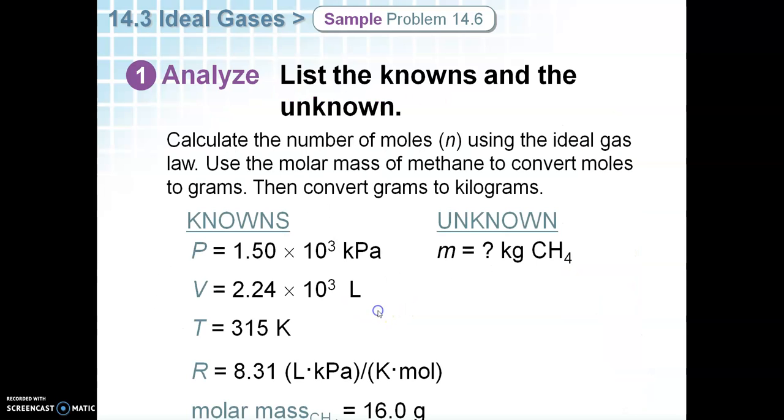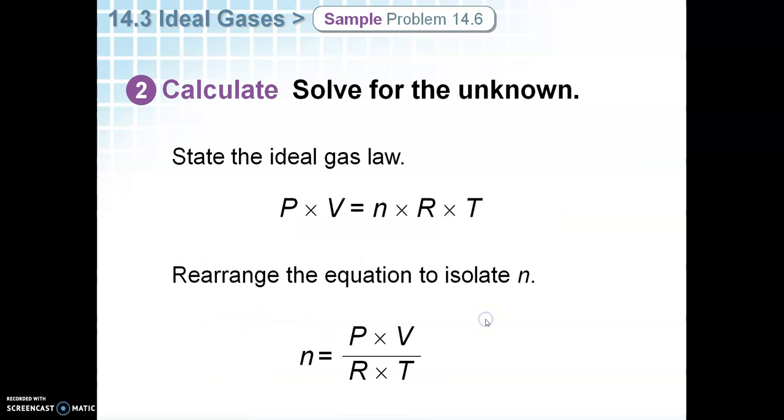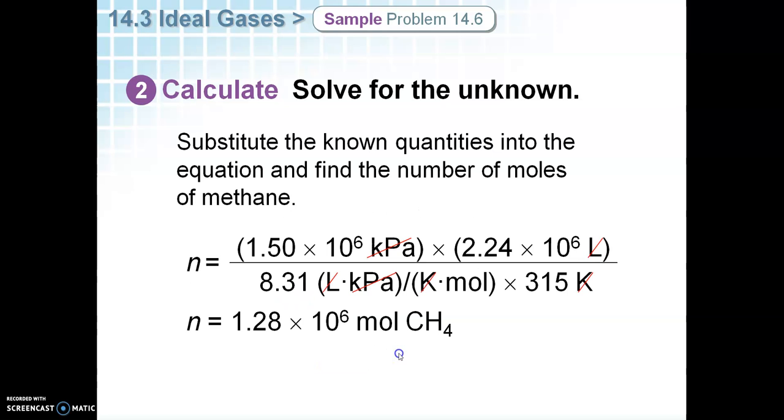Well, first find the moles. And then convert to grams. So PV equals nRT, rearrange, solve for moles again. And you get a lot of moles here because it's a whole cavern filled with compressed gas. But now that you have the moles, we know it's methane. We get its molar mass, and they gave it to us. I think it was 16.